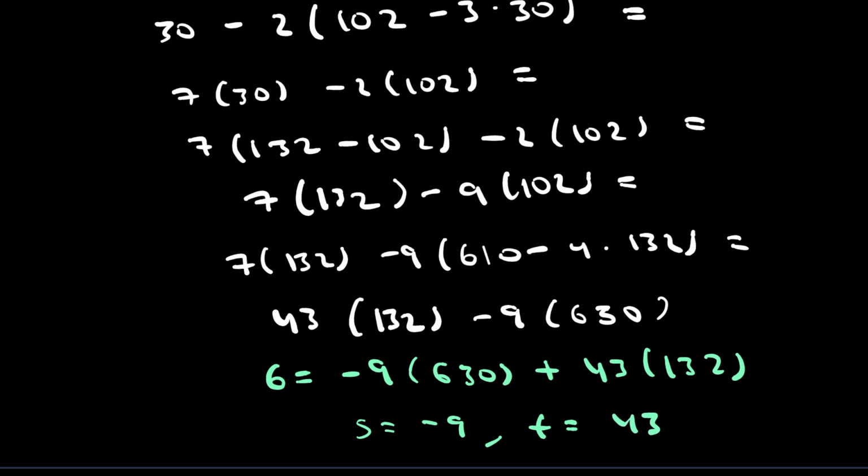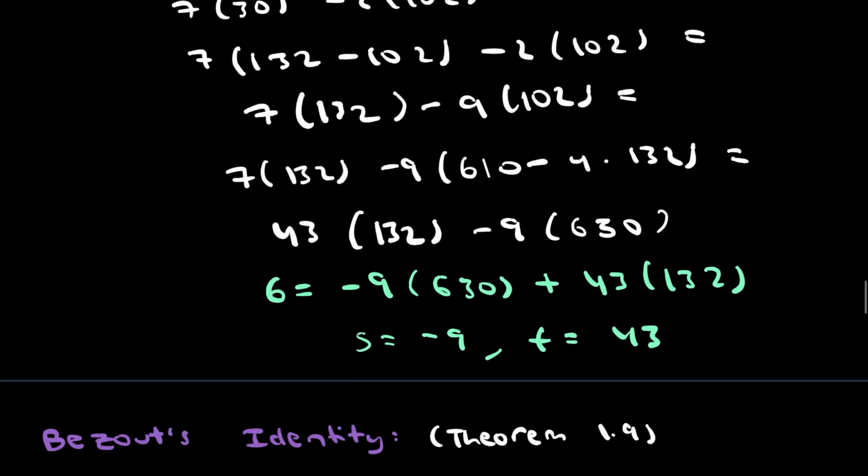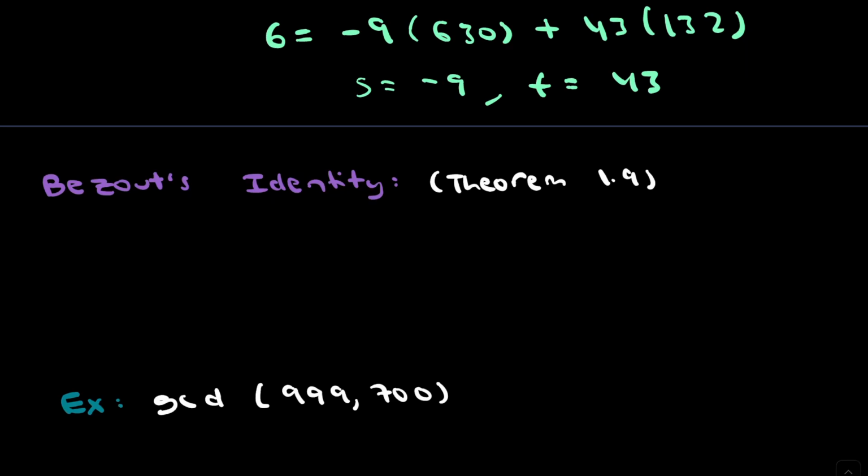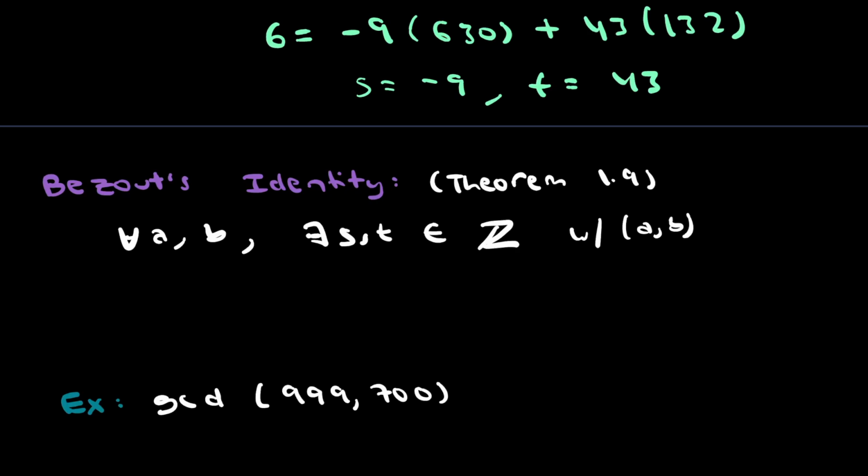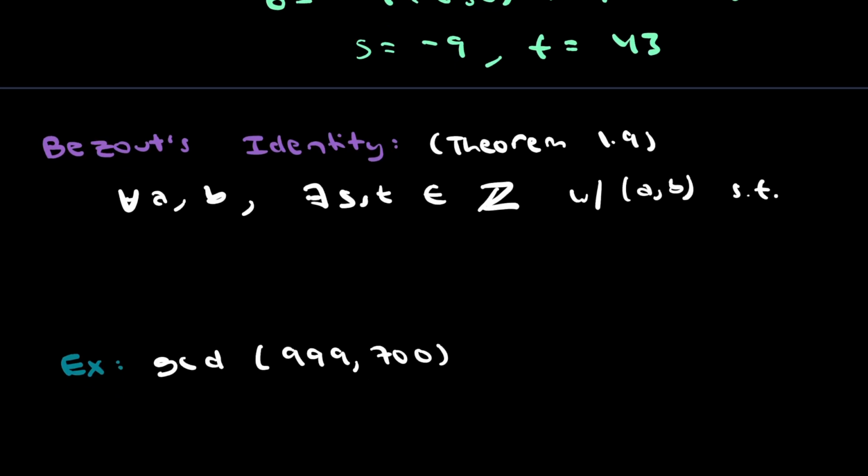And this is actually theorem 1.9 in the book, otherwise known as Bezout's identity, which says that for any a and b, there exist integers s and t such that the greatest common divisor of a and b is equal to sa plus tb.